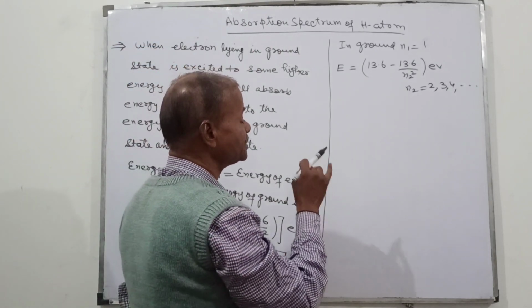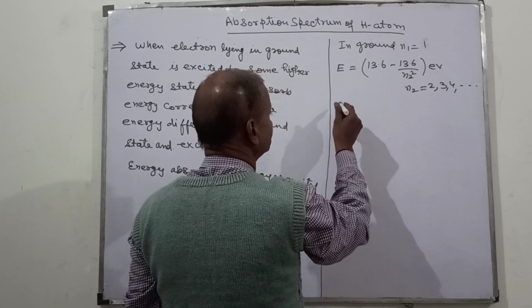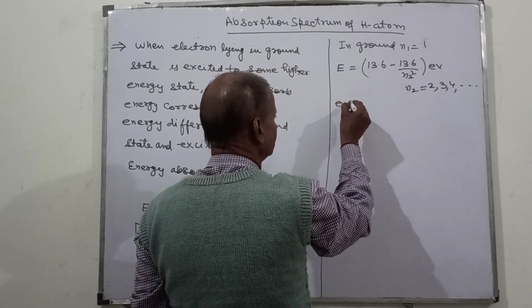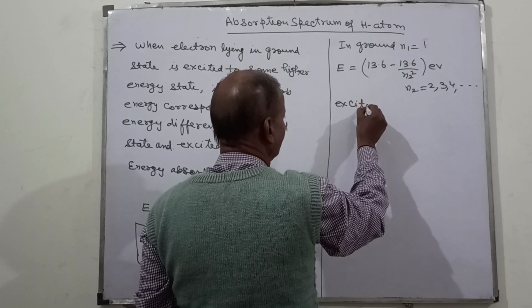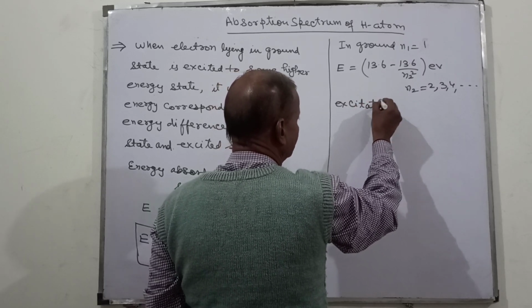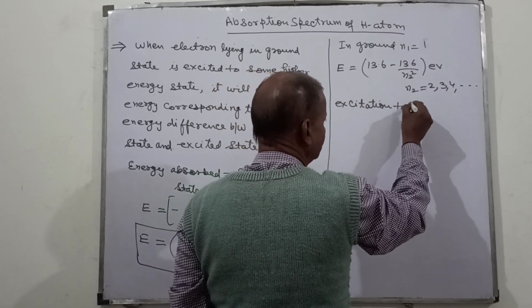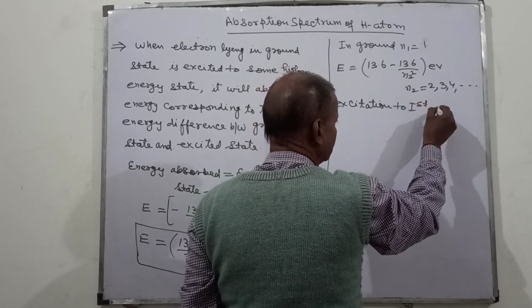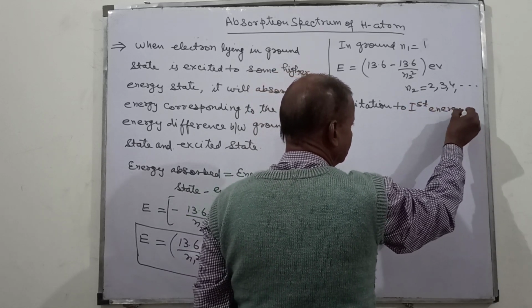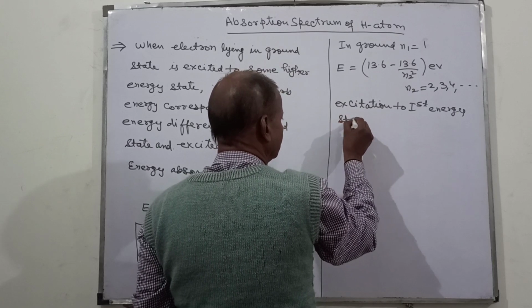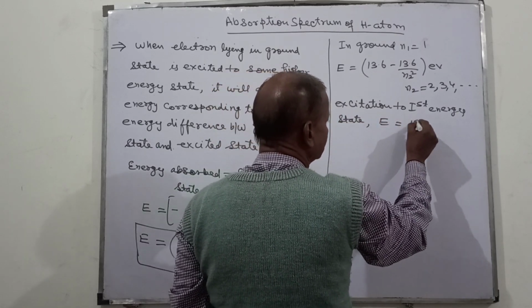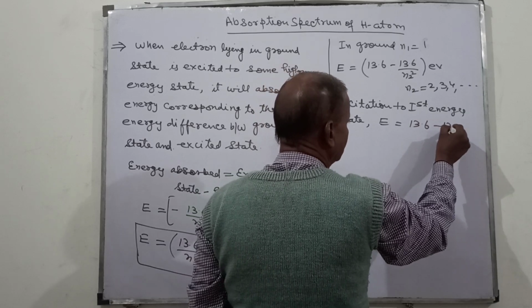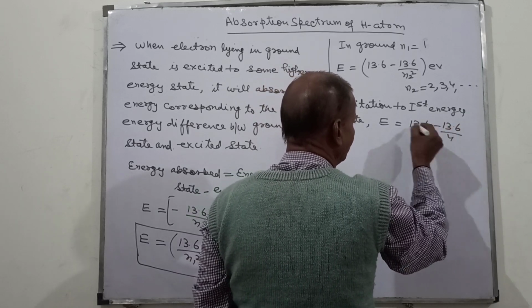Now for excitation to the first excited state, E will be equal to 13.6 minus 13.6 upon 4.